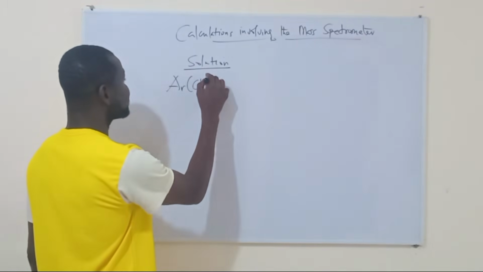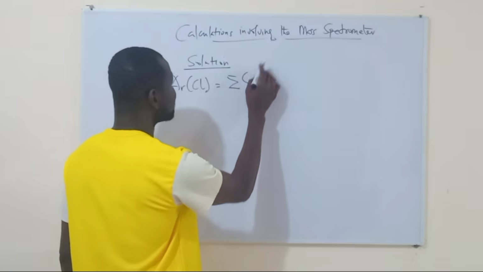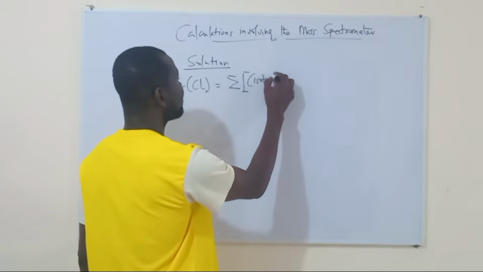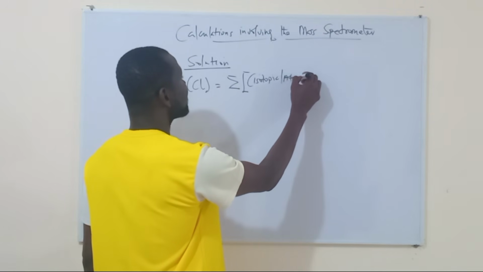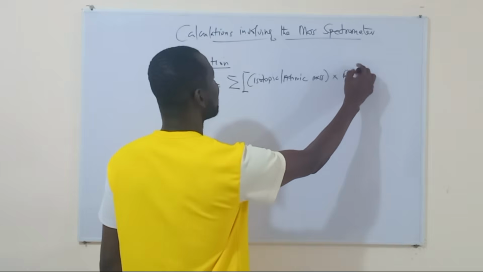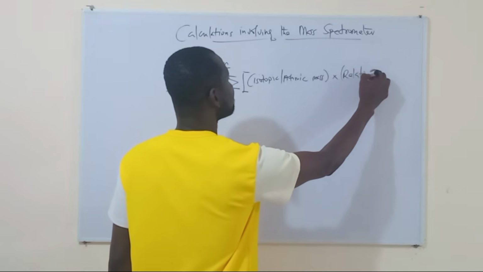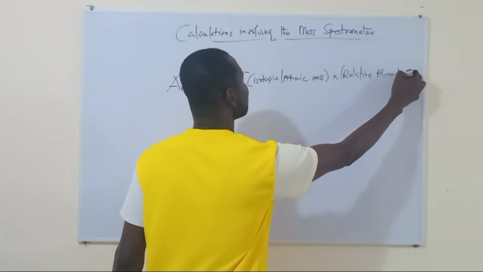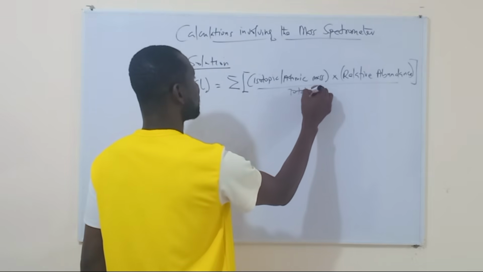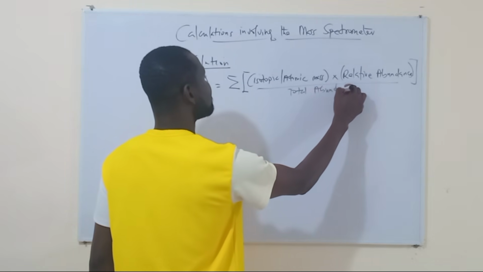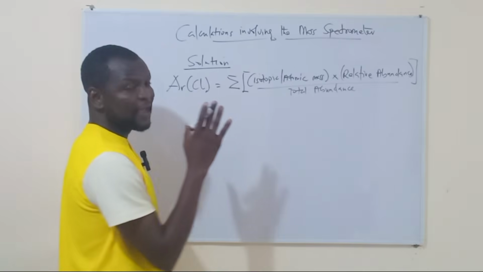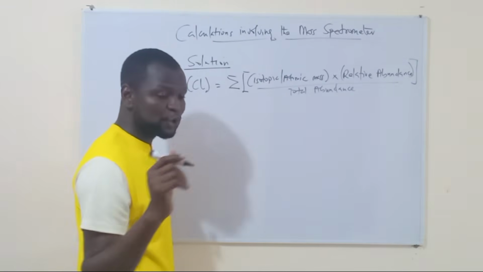In this case, X is chlorine, is equal to the summation of our atomic mass times our relative abundance, all over our total abundance. So we're given both the atomic and the isotopic mass. We are going to use the atomic mass.